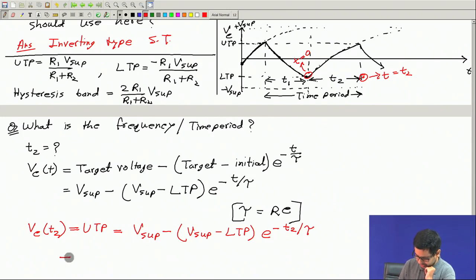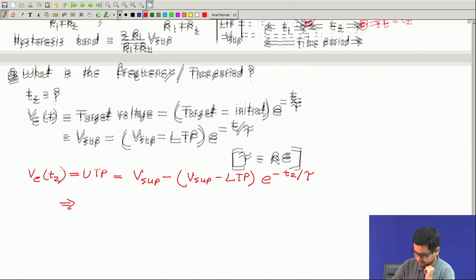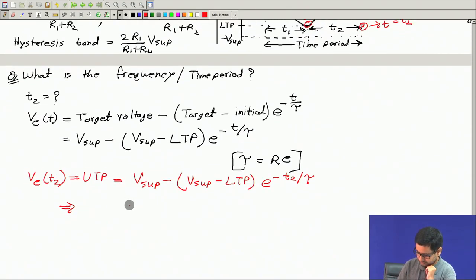Okay. So, from this what do we get? Let me bring this upper trigger point to the right side and this term to the left side.